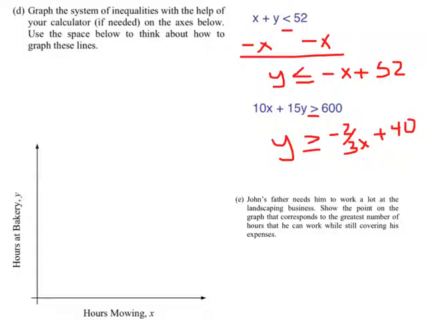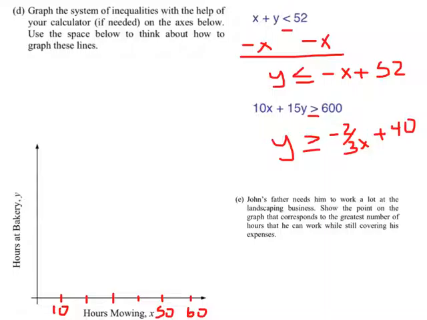So if I take a look at the first one here, I'm going to set this up. So the hours of mowing here, I'm going to go by 10. So this will be 10, 20, 30, 40, 50, 60, etc. So I'm looking at my hours mowing.